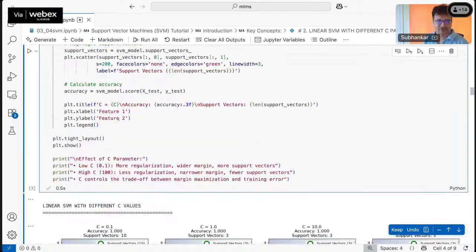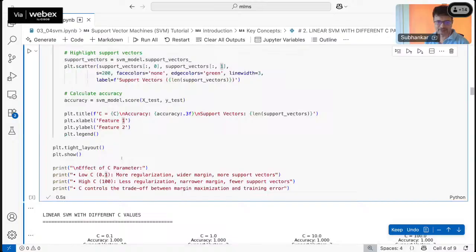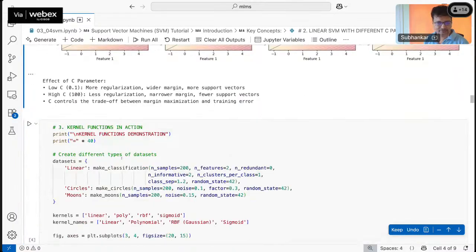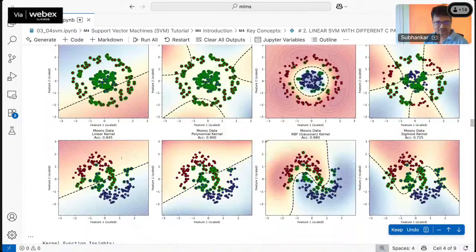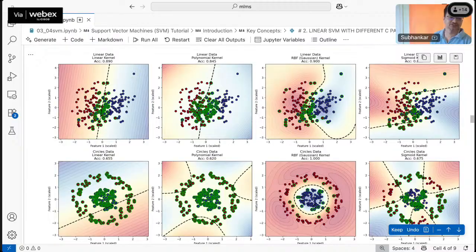But this is the idea. And you remember the hinge loss. If you are looking at C, then these are the hinge loss values. So this is a diagram. Here you see the blue points and the red points. Using a linear kernel, can we decide?